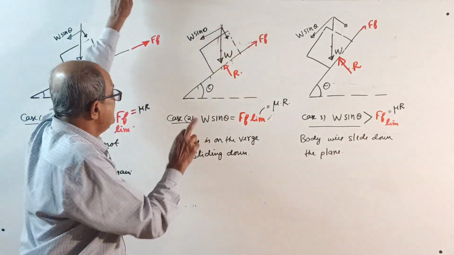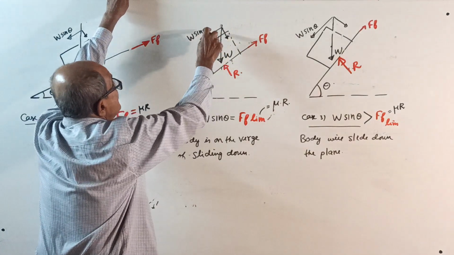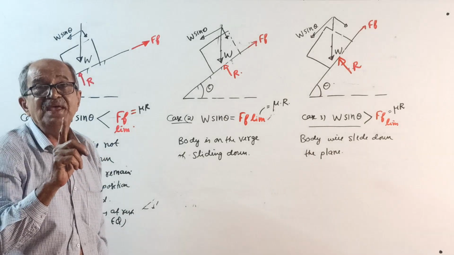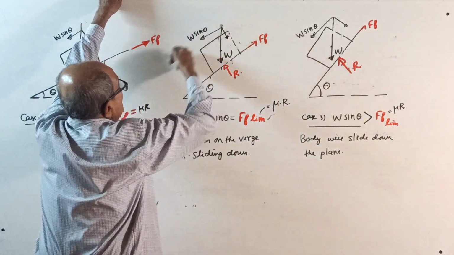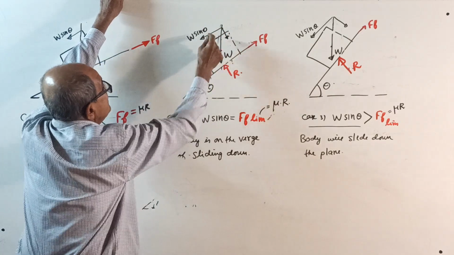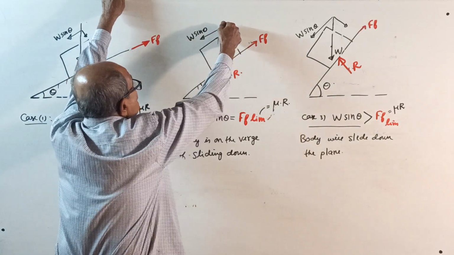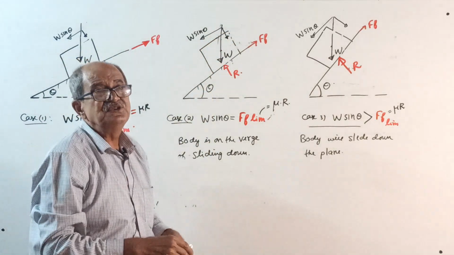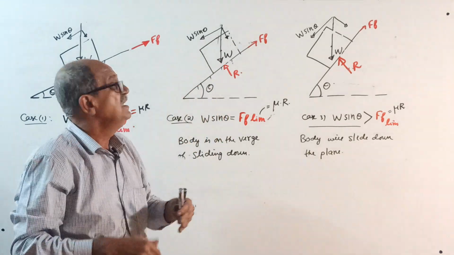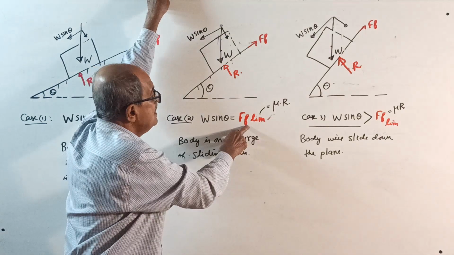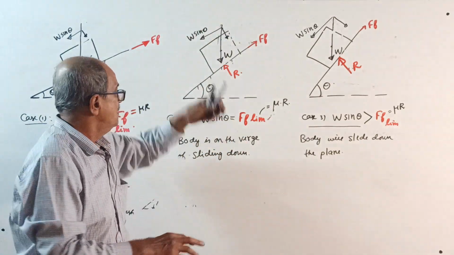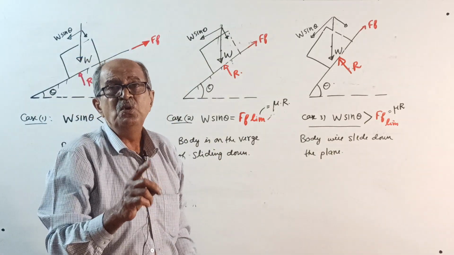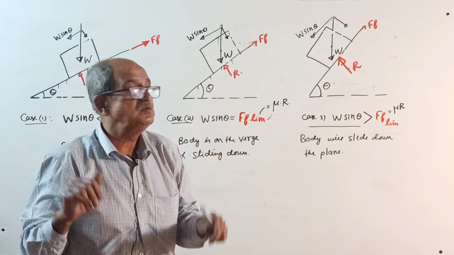Case 2, W sin theta, the force responsible to slide it down, freely placed, little parallel to this plane. If it is exactly equal to limiting frictional force, it means the body is on the verge of sliding down. It will not move, but it is on the verge of sliding down.